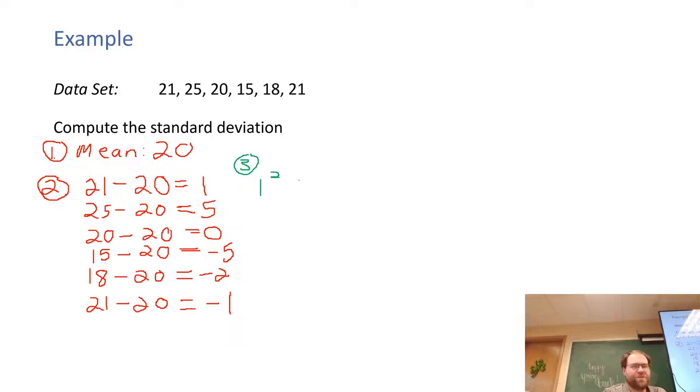So 1 squared would be 1. 5 squared would be 25. 0 squared would be 0. Negative 5 squared. Super close.